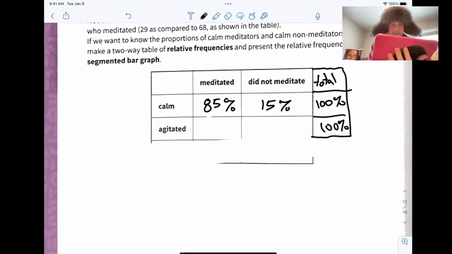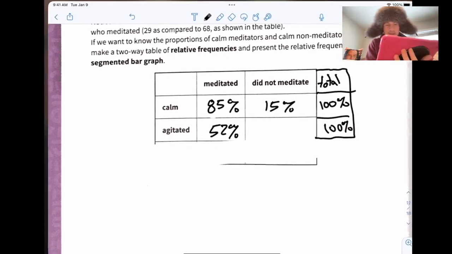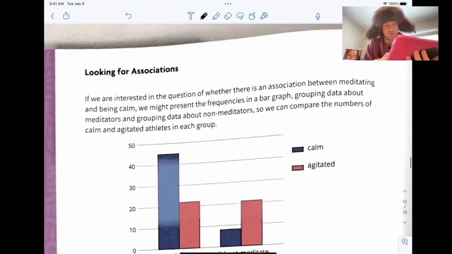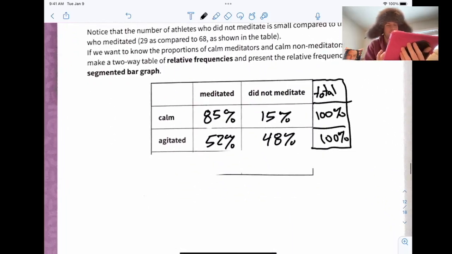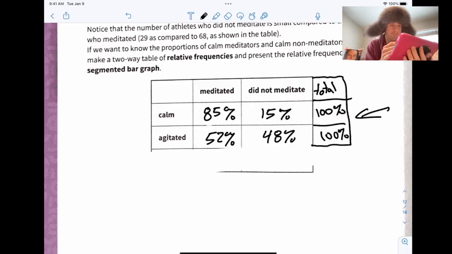So if we have 52% here, what does that mean we have on the other side? Well, probably 48%. And if you were to do 21 divided by 44, you'd probably get something like 0.48. Okay, so that is how we do relative frequency tables by row totals.